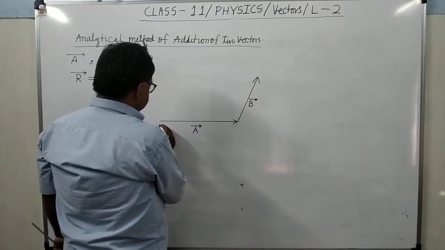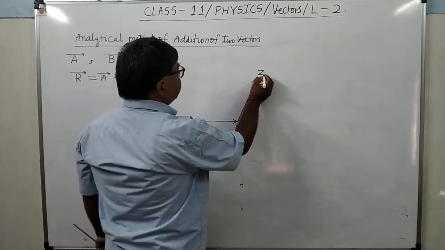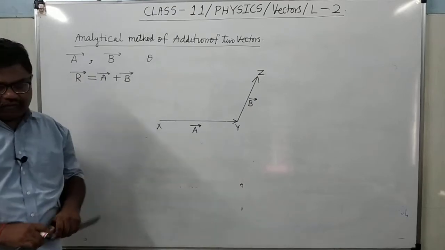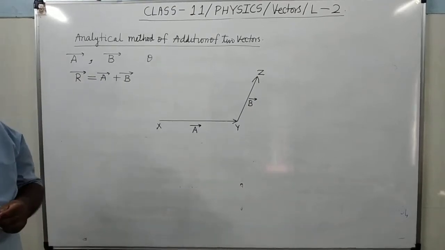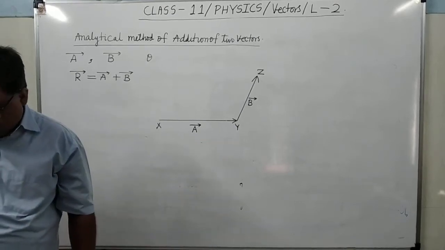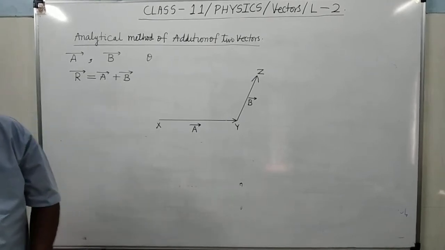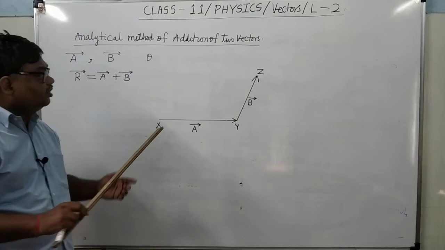This you can represent as X, Y, Z. What will be the resultant of these two vectors? Just now I have told you it can be obtained by joining the tail of the first to the head of the last. When you join the tail of the first vector to the head of the last vector, you will get the resultant.